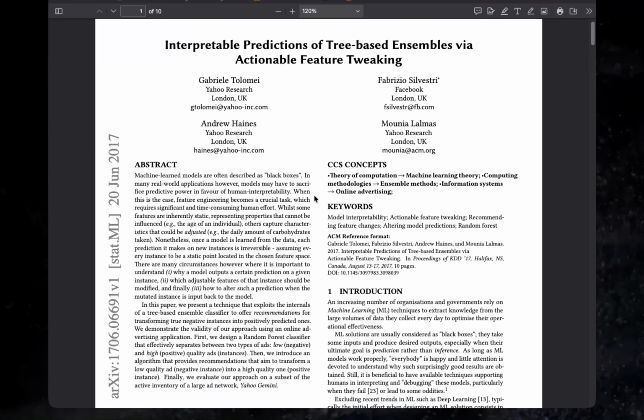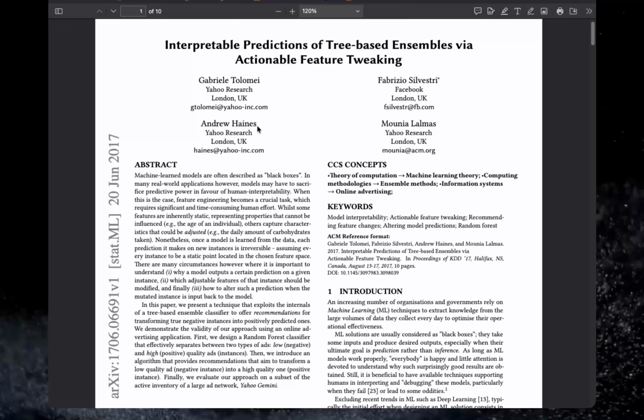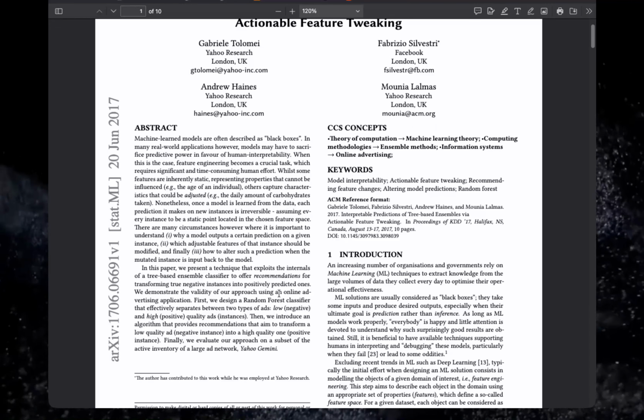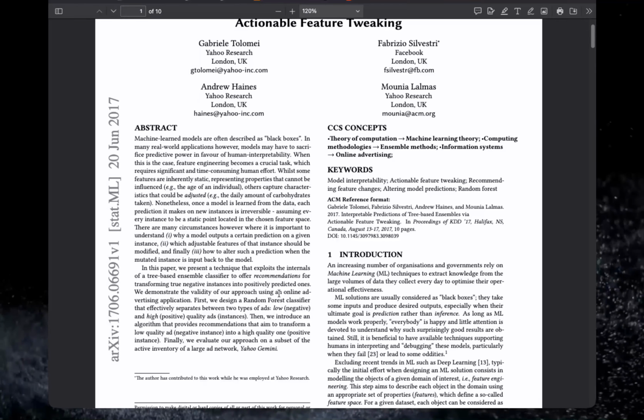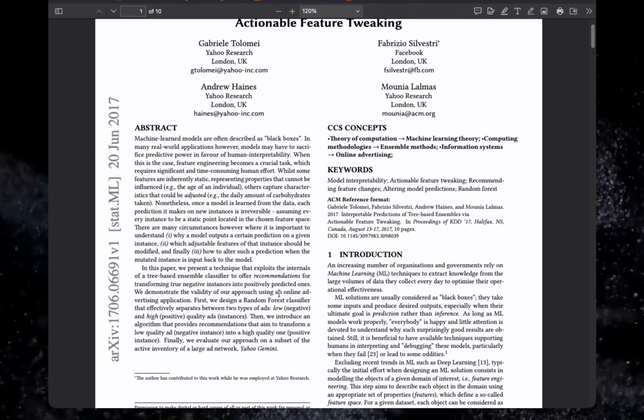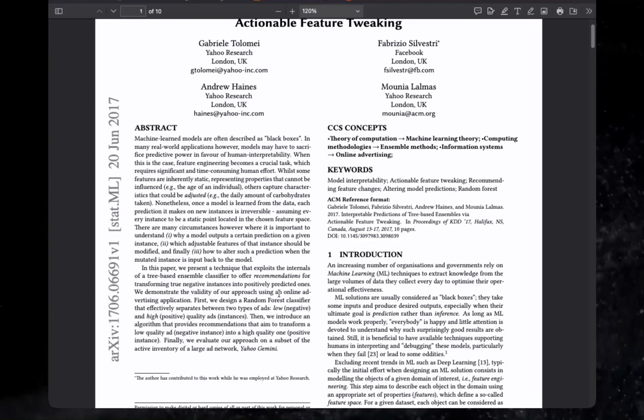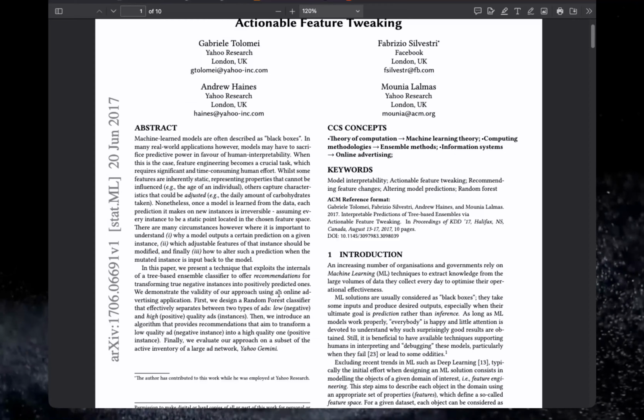So, to be fair to the authors of the paper, which is from Yahoo Research, they're working with ads and that kind of data set. And those kinds of data sets, I would argue, are actually far easier than perhaps a data set that is related to, say, risk or something like that.